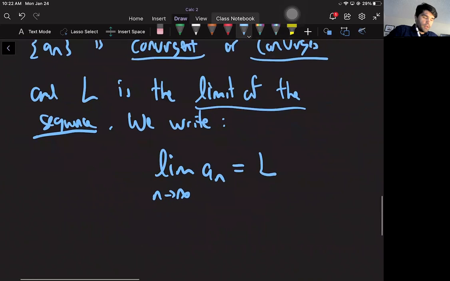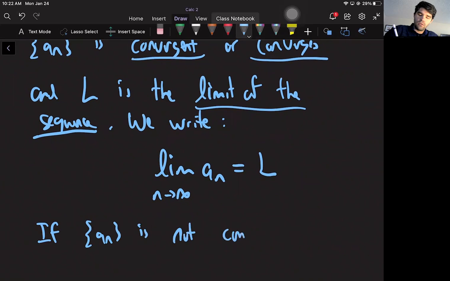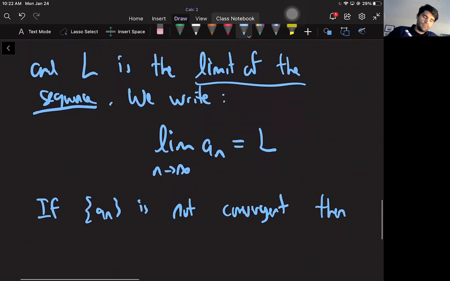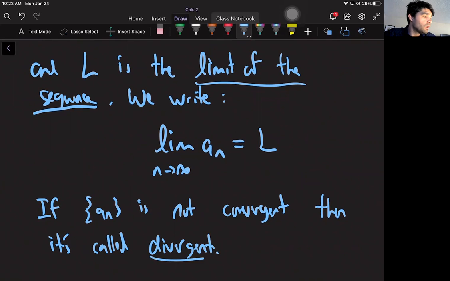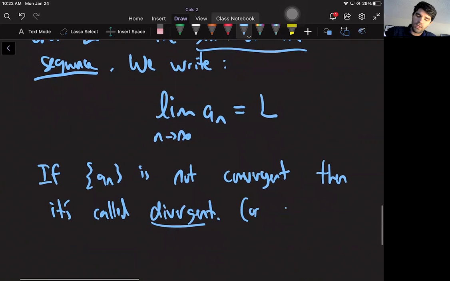Okay. So then if an is not convergent, so it has no limit here, then it's called divergent, or it diverges. You can also say that.